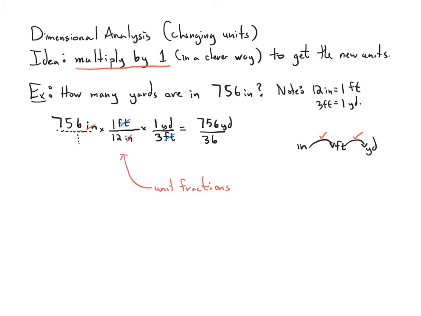And you can check, if you do a little long division, that 756 divided by 36 is indeed 21. So this is the same as 21 yards. So 756 inches is the same as 21 yards.